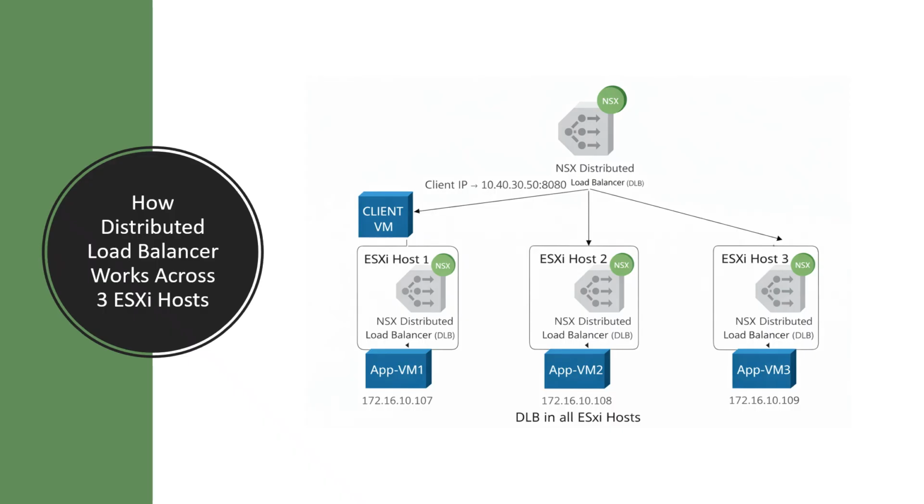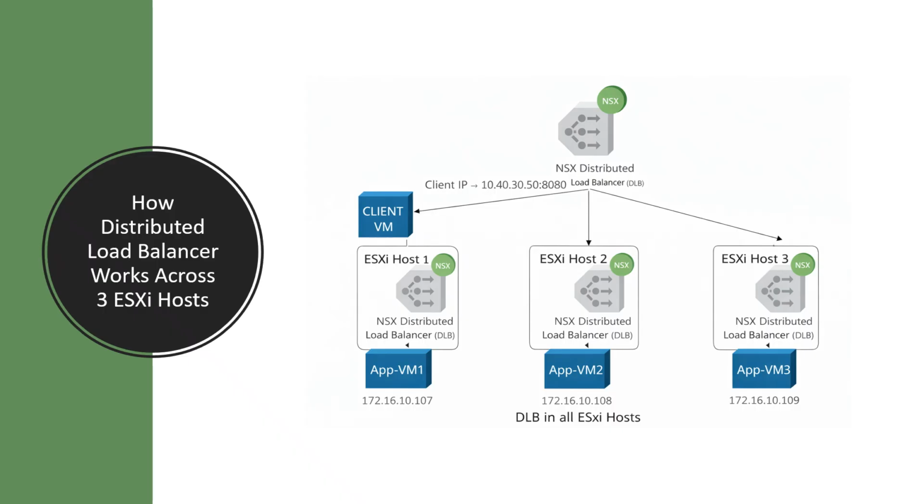ESXi host 1 will select app VM2, and the traffic will simply travel across the NSX fabric to ESXi host 2. The distributed load balancer does not care which ESXi host the backend VM is on. All ESXi hosts have the same load balancing rules, the same backend pool, and the same algorithm. That's why this works perfectly without any leader concept in NSX.